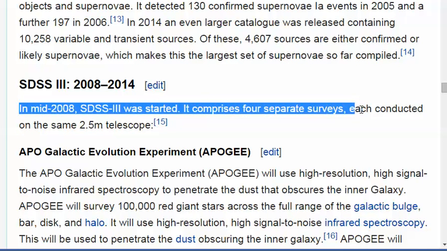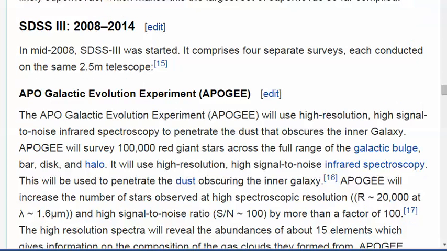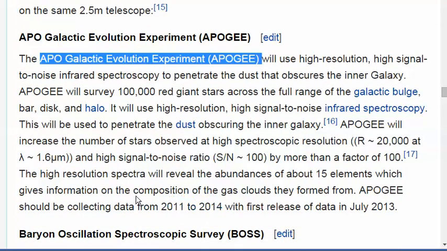Then in mid-2008, SDSS-3 was started. It comprises 4 separate surveys, each conducted on the same 2.5 meter telescope. And then, still during that time, in 2011, they apparently started the APO Galactic Evolution Experiment with high-resolution, high signal-to-noise infrared spectroscopy to penetrate the dust that obscures the inner galaxy.